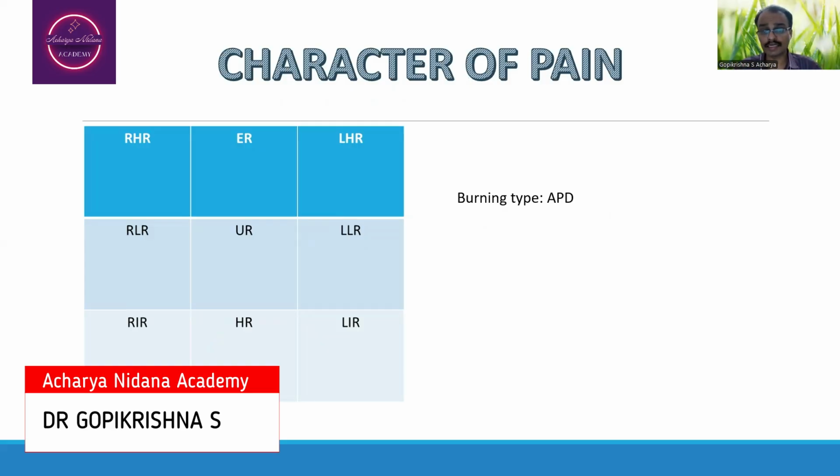As far as the character of the pain is concerned, suppose the person has a burning type of pain, that may indicate hyperacidity, that is, excessive secretion of hydrochloric acid in the stomach.